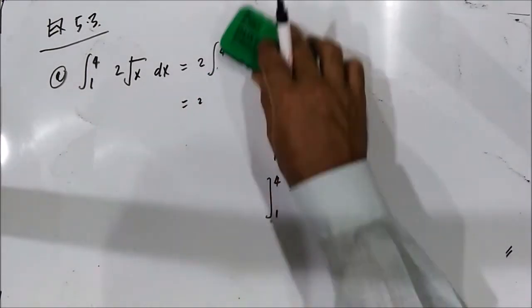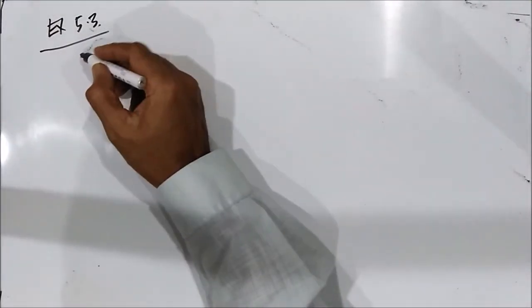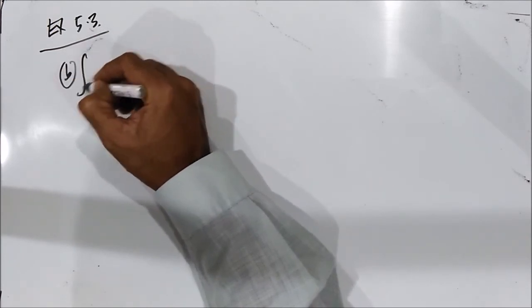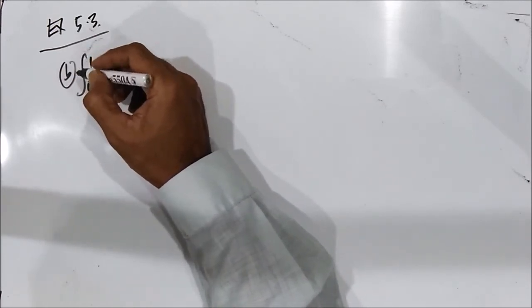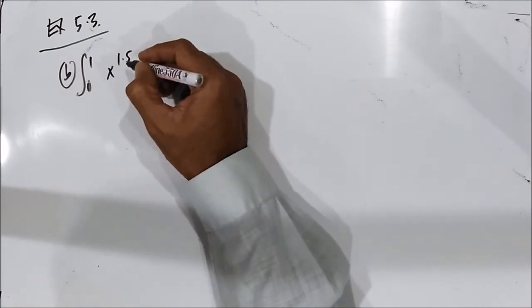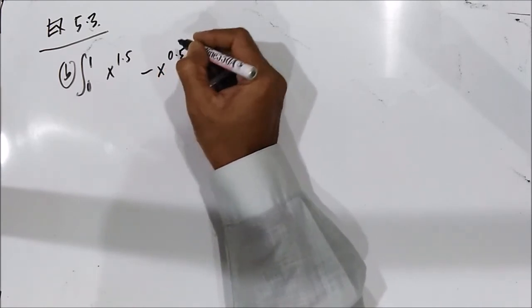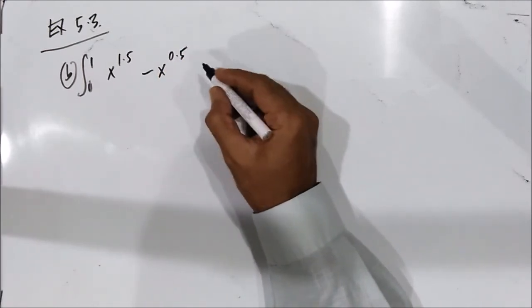Now, the other part is I want to integrate this function. The limit is from 0 to 1. I want to integrate x raised 1.5 minus x raised 0.5 dx.